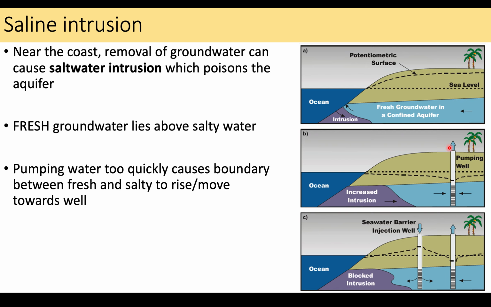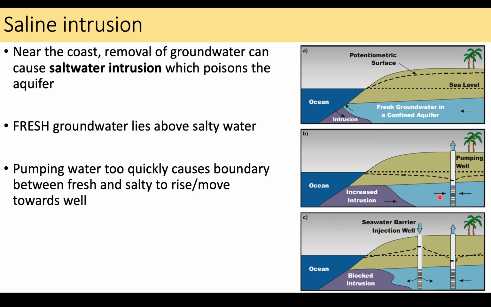So what's going to happen is you're using all of this fresh water. The fresh water is moving towards the well, so you're pumping water that will now want to fill in to the well. What you're doing when you're by the coast is also pulling ocean water in towards the well, into your aquifer, into your groundwater supply.